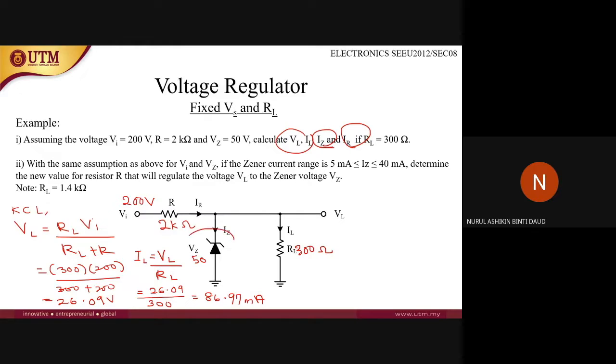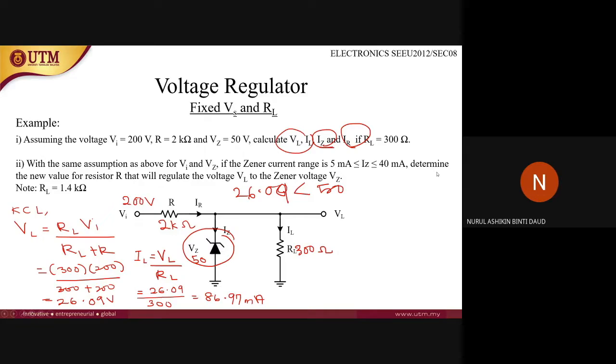Since you know the value of VL, 26.09, can you guess whether this diode is open circuit or closed circuit? 26.09 is lesser than 50. So it means that this diode is not working.